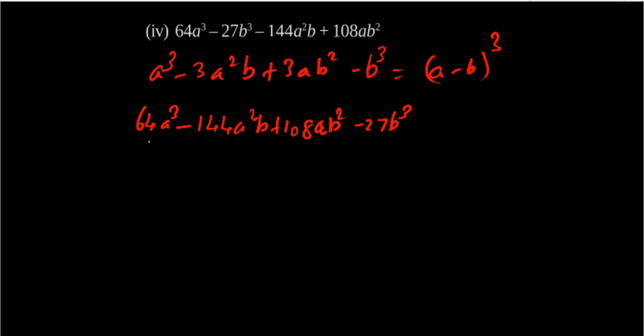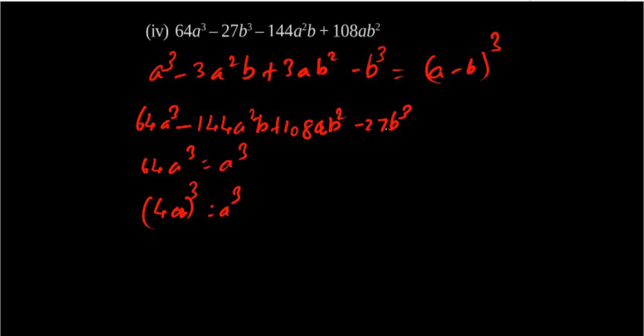In place of a cube we have 64 a cube. This can be written as 4a the whole cube, that is equal to a cube. So in place of a we have 4a.